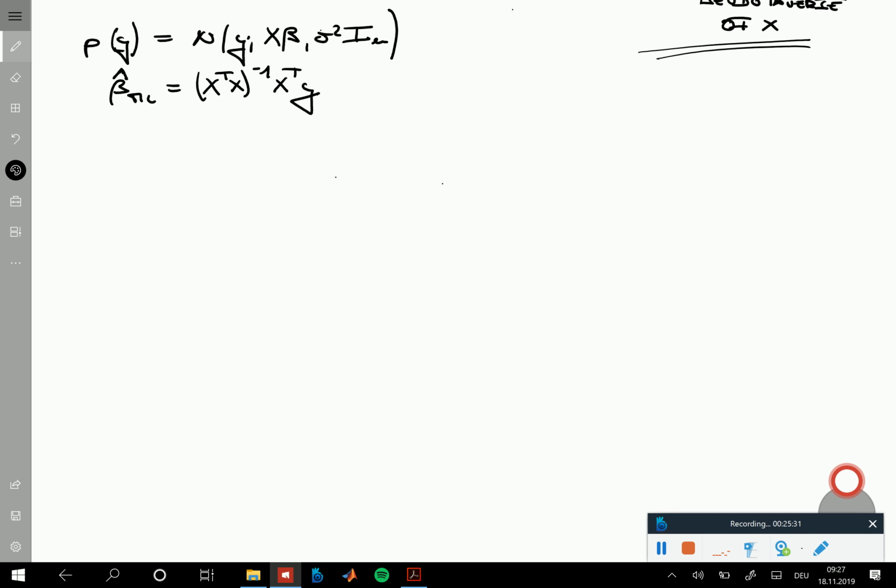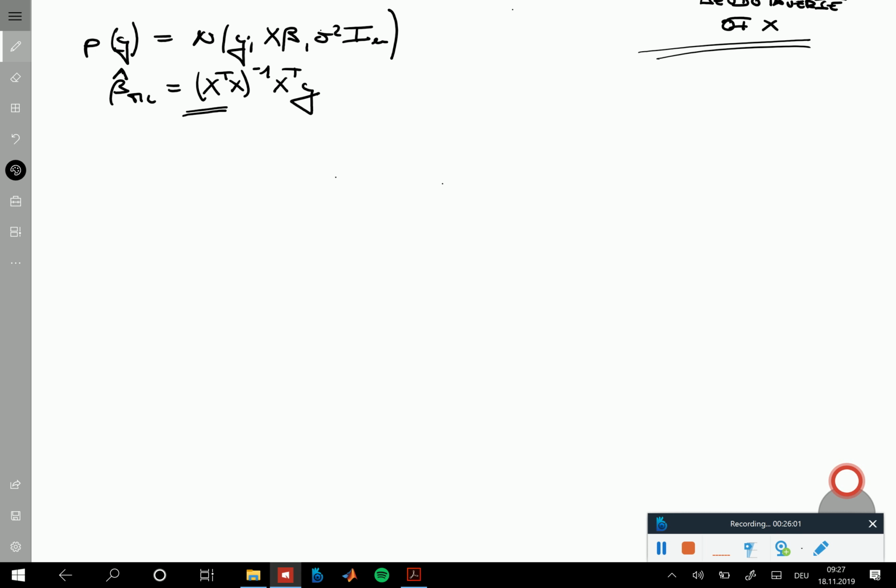Good. So what is left to do is to find the parameter estimate or maximum likelihood estimate for the variance parameter. The way that this is typically done, which is also a bit of a problem, is that one maximizes the likelihood function.